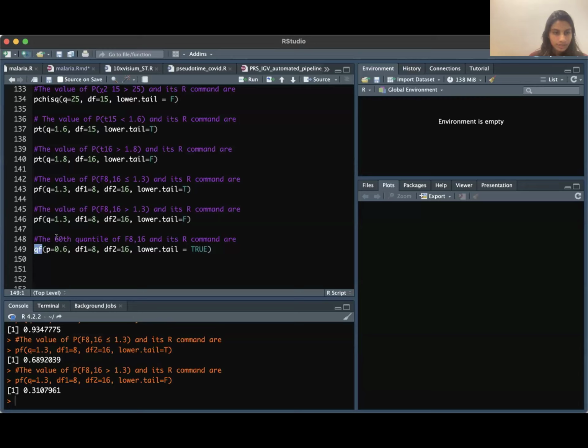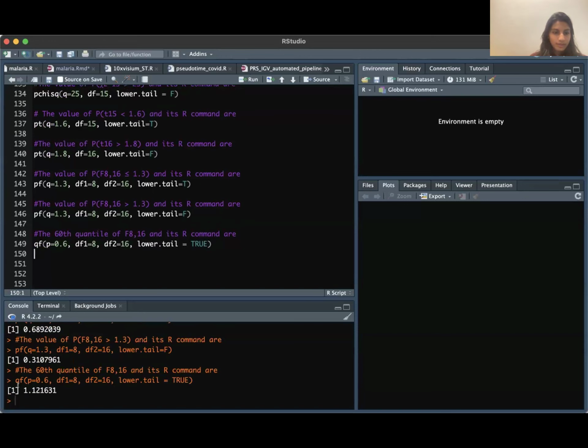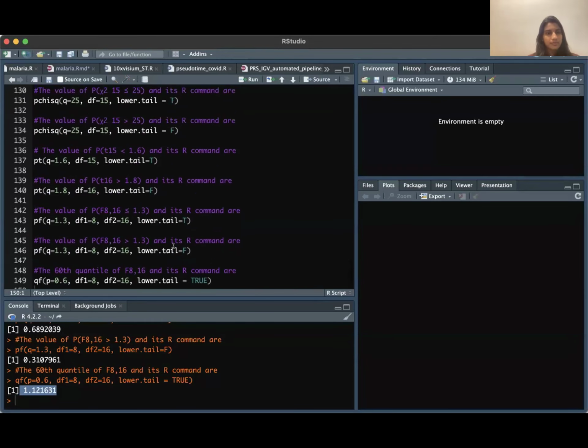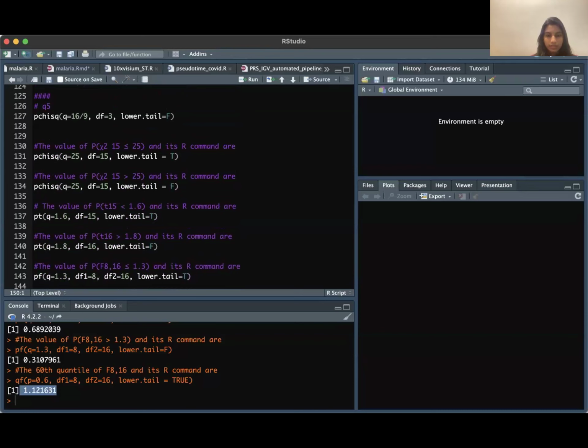So qf, because it's the 60th quantile, you write 0.6, and df1, df2, and lower tail is equal to true. So 1.21. This means that up to 1.21, you will have 60% of the whole area under the curve. All other questions were like this.